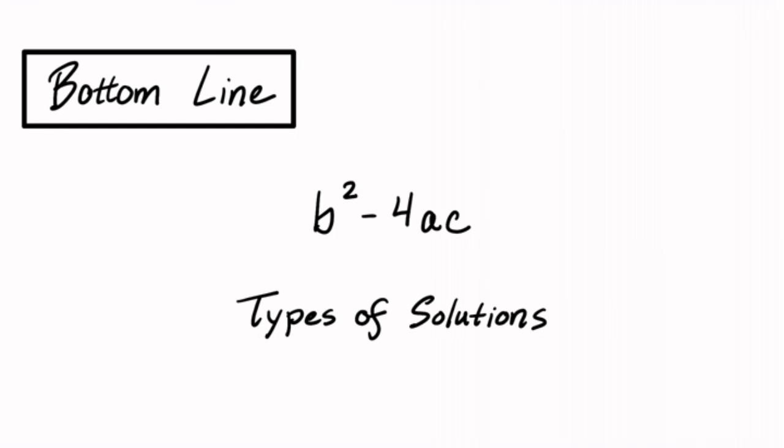In the case where it's a positive answer, we learned that it's going to have two real solutions. And in the case of a negative answer, we're going to have no solution or two complex solutions. Furthermore, in any of those scenarios, we can also determine from the discriminant whether or not our answer is going to be rational or irrational, and that also depends on what B and A are because they appear in the rest of the quadratic formula.